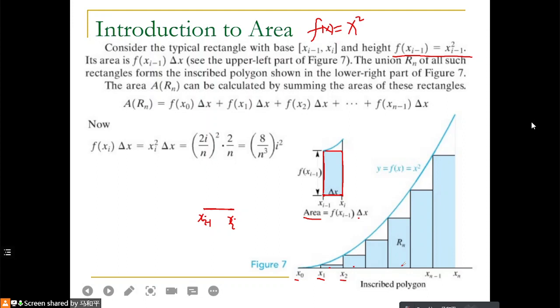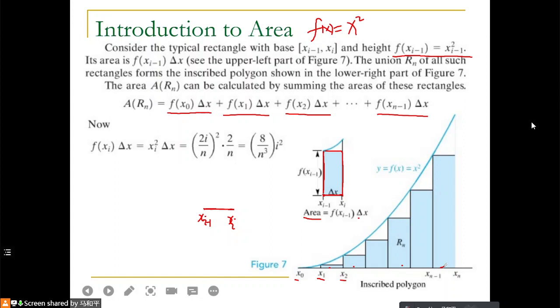The union Rn of all such rectangles is called an inscribed polygon. The area A(Rn) can be calculated by summing the areas of these rectangles: the first one plus the second one plus the third and plus the last one.